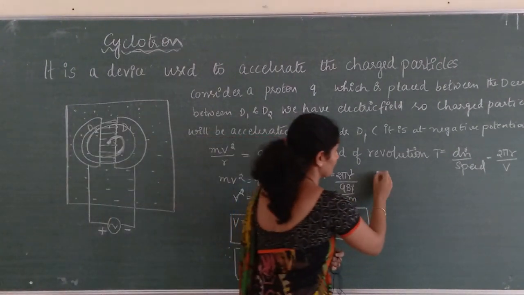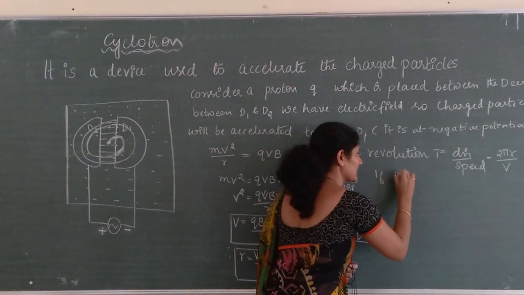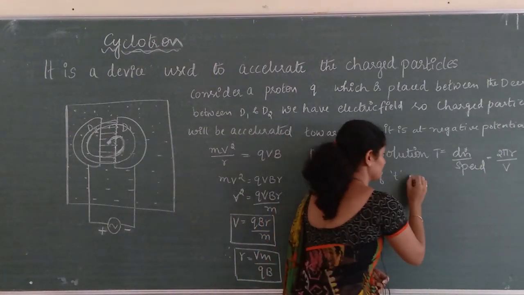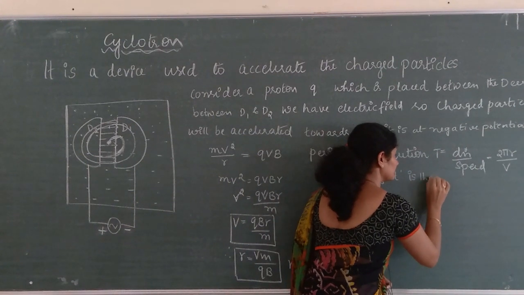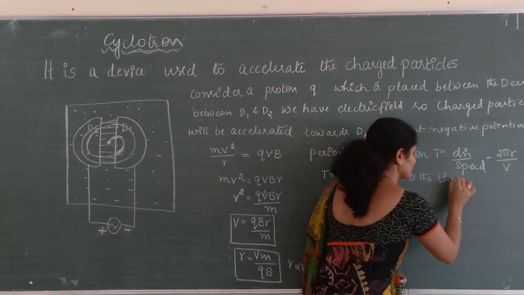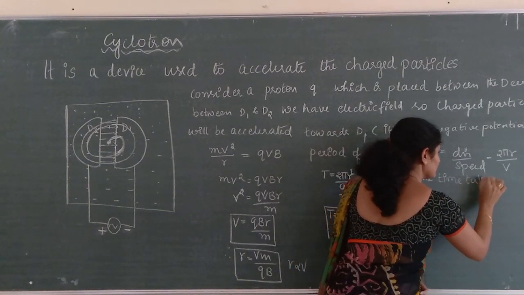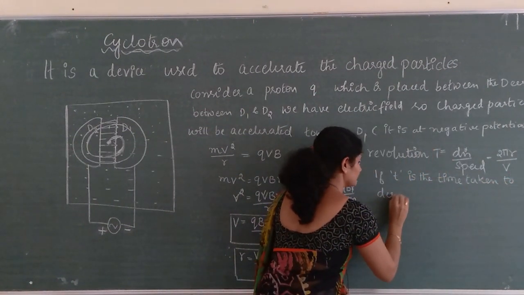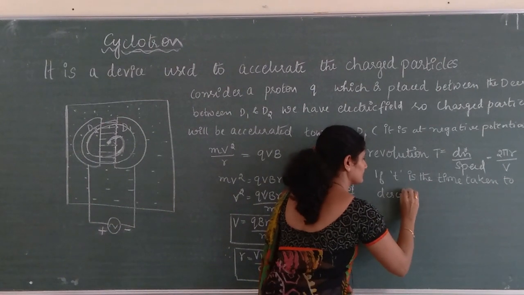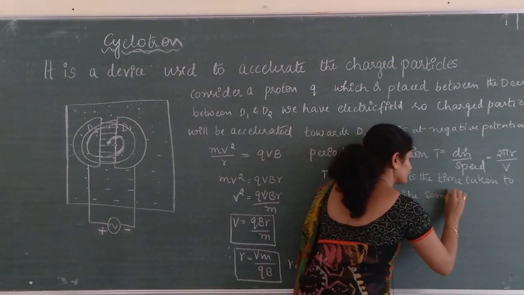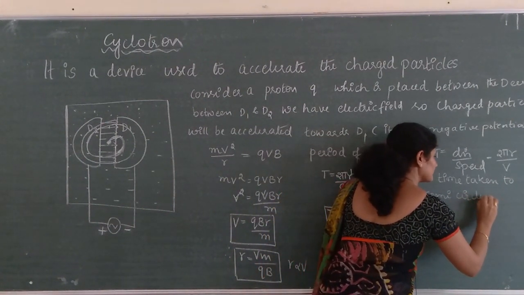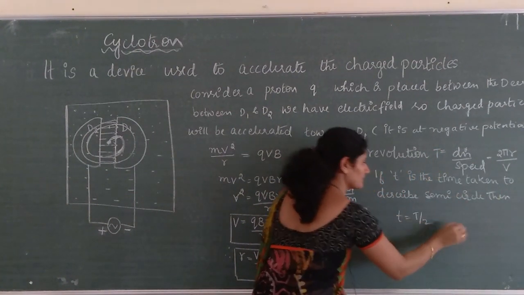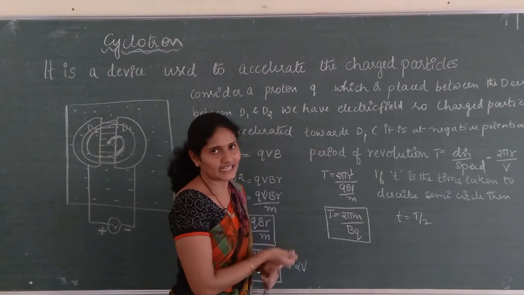If t is the time taken by the charged particle to describe a semicircle, then t is equal to T by 2, half of the time period.